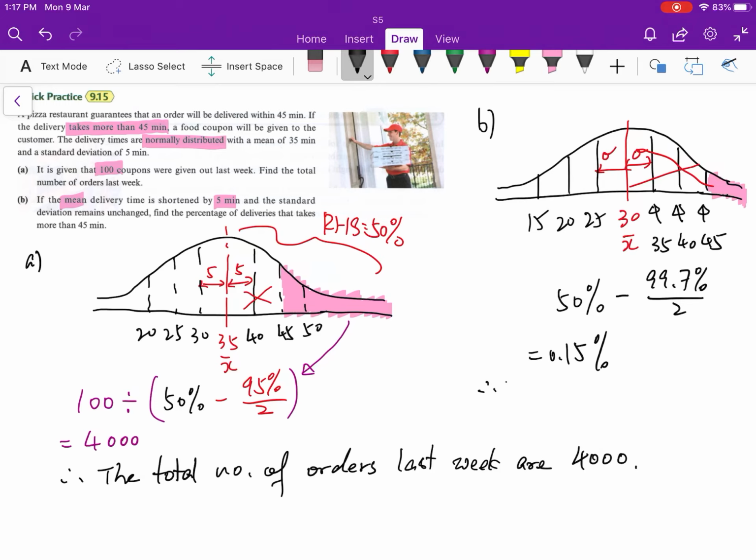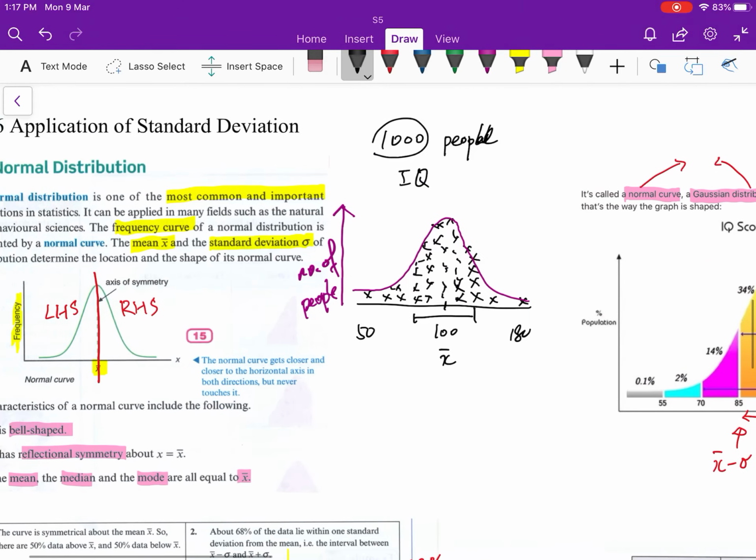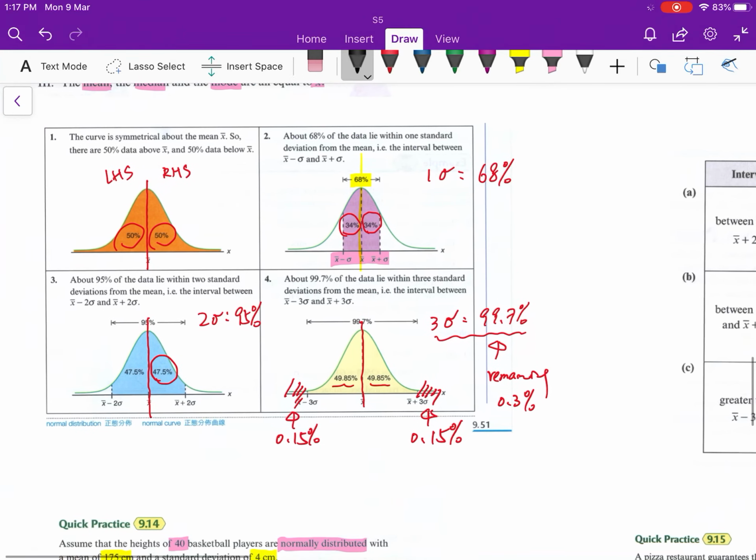That will be your answer. Remember to answer the question, because the question asks you to find the percentage. So you can say that the percentage is 0.15%. Done.